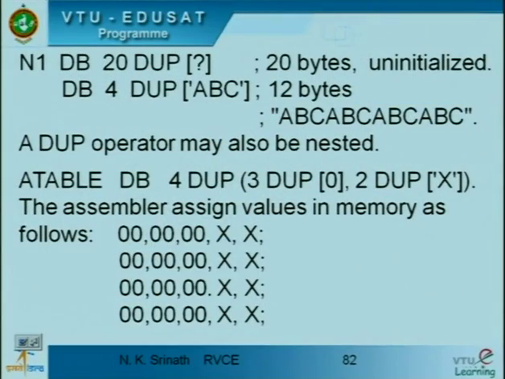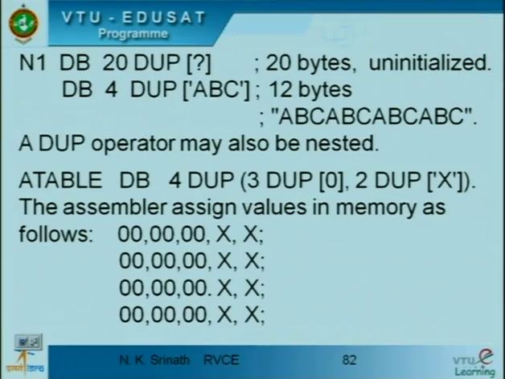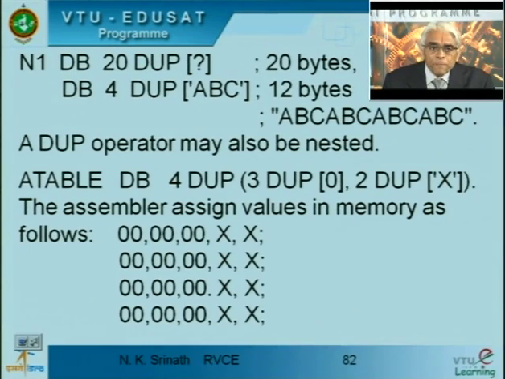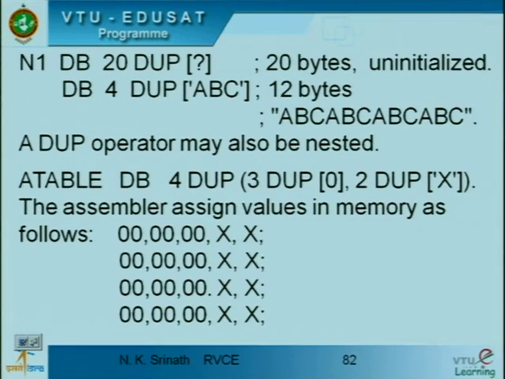Similarly, when you are trying to talk about having a set of tables to be maintained, there is a nesting of this possible, say for example, db 4 dup 3 dup 0 2 dup x. The assembler assigns values in the memory as follows. Let me explain this on the board.